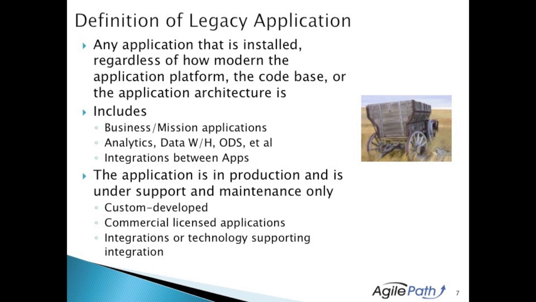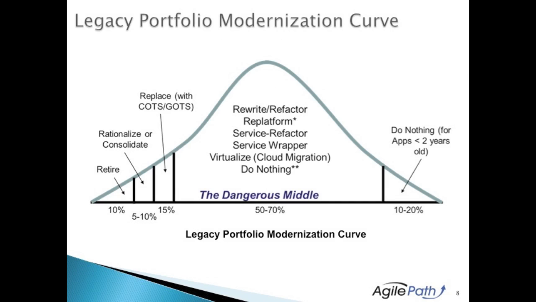Now, as a first step in exploring the legacy portfolio, actually in the white paper, we had a title heading for that section called Open at Your Own Risk. It's like, you take a look at it and see what kind of a can of worms you've inherited. What we're showing is a legacy portfolio modernization curve, which is just a way that we've developed to profile and categorize the contents of the legacy portfolio.